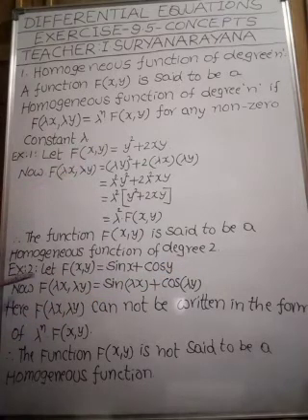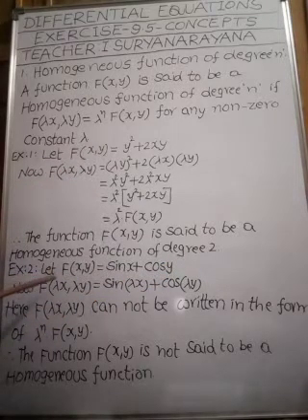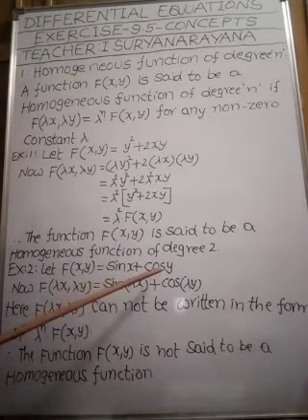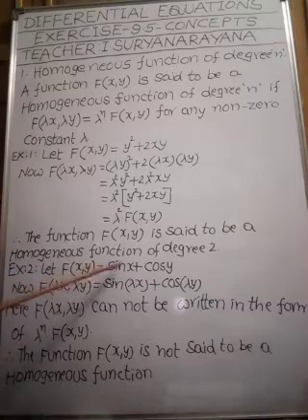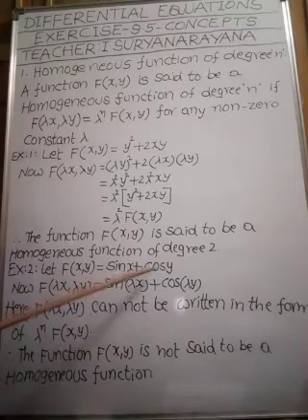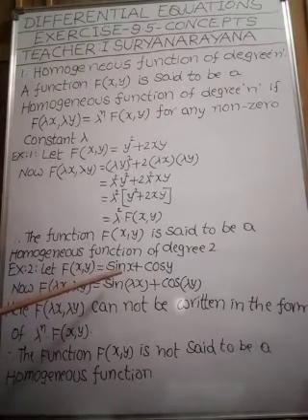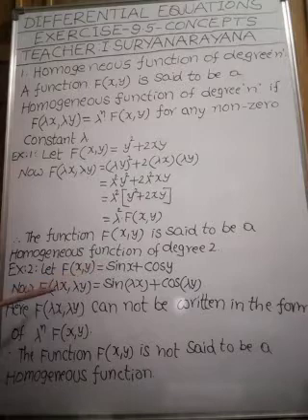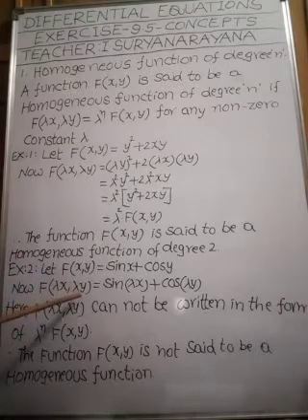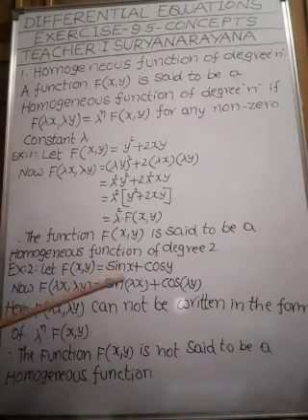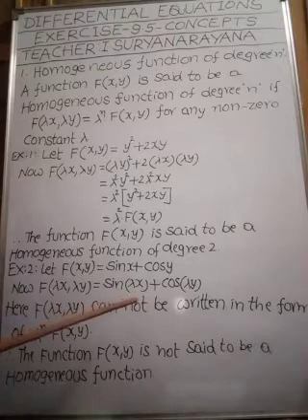Right. Now let us take another example. Let f of x comma y is equal to sin x plus cos y. This is also a function in the variables x and y, and we have denoted it as f of x comma y. Now let us find f of lambda x comma lambda y, by replacing x and y by lambda x and lambda y respectively.